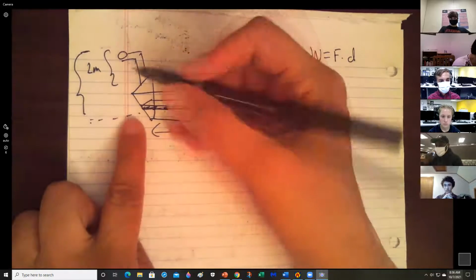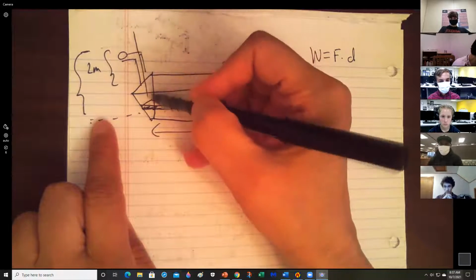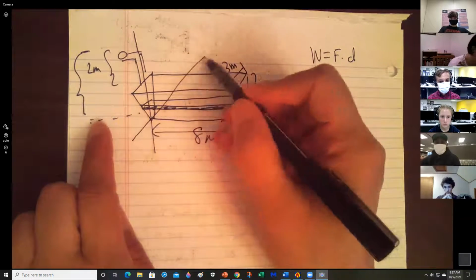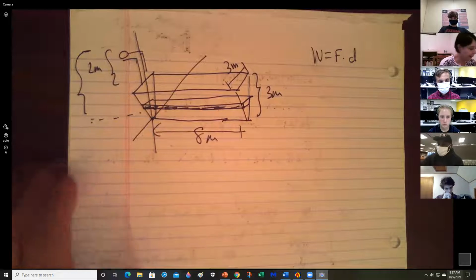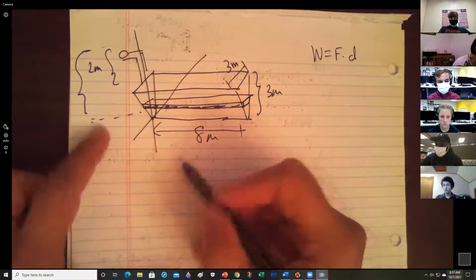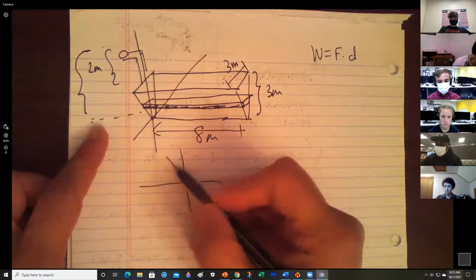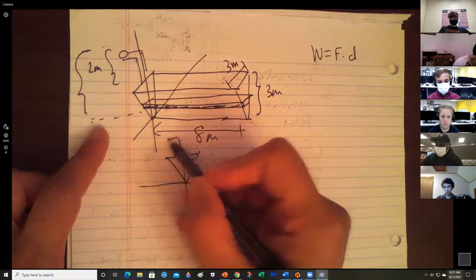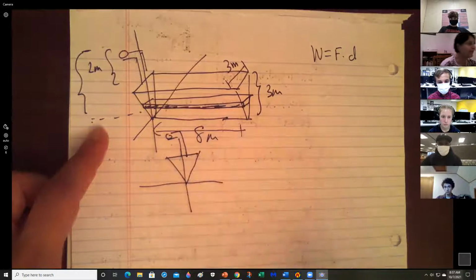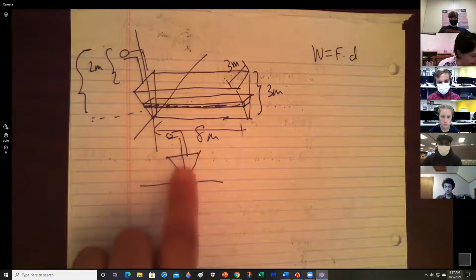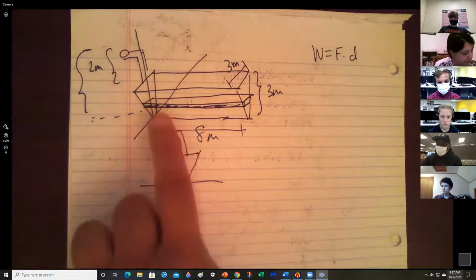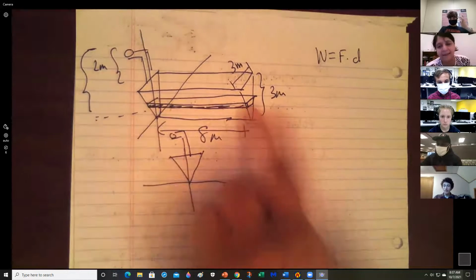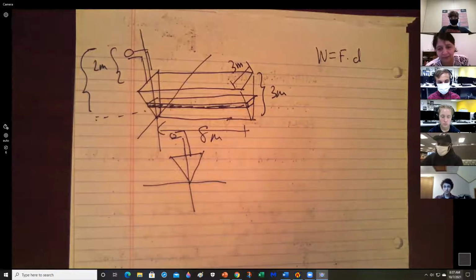So let's put our axis somewhere here. Okay, we need XY coordinates. So I'm just going to bring that triangle like this. And we'll have the spout somewhere here. Why do I only have to worry about the triangle here? Because the rest is just times 8 for the volume. Would you agree?